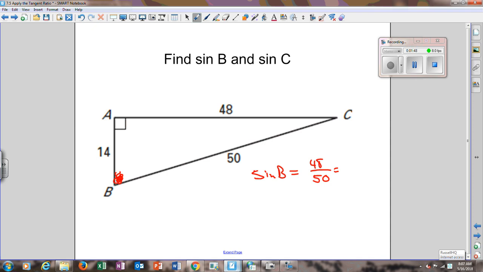So sine of B is equal to 48 over 50, which is 0.96.